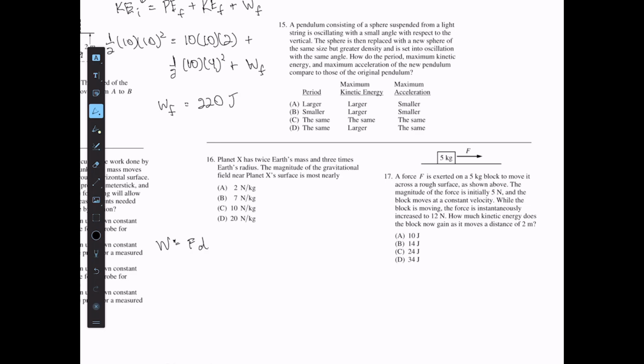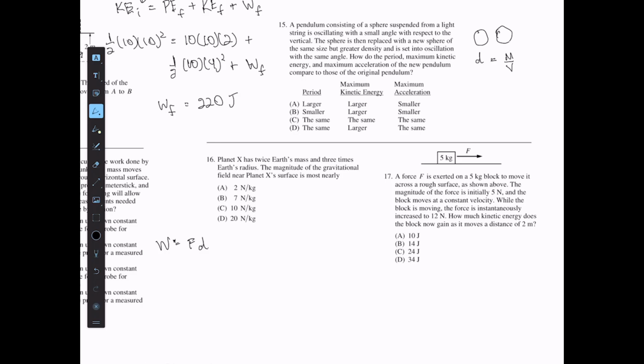How do the period, maximum kinetic energy, and maximum acceleration of the new pendulum compare to those of the original pendulum? So this new sphere has the same size but greater density. So same volume but greater density. Density is equal to mass over volume. If it has the same volume but greater density, that means it has a greater mass.